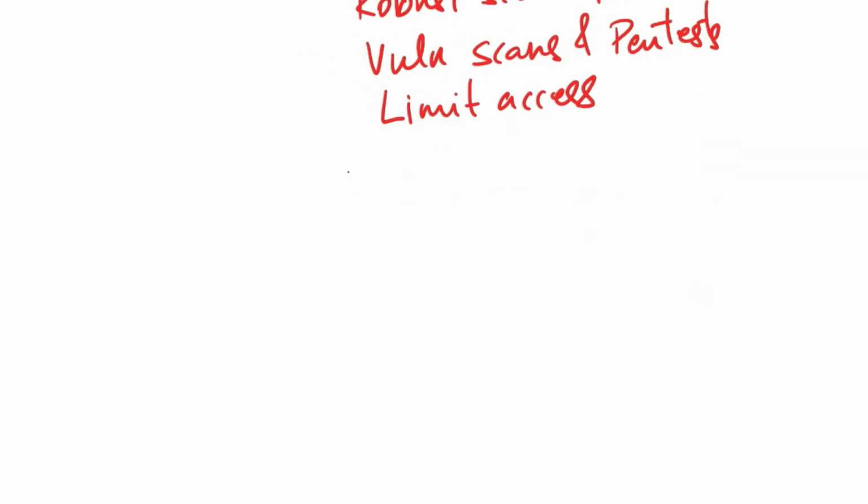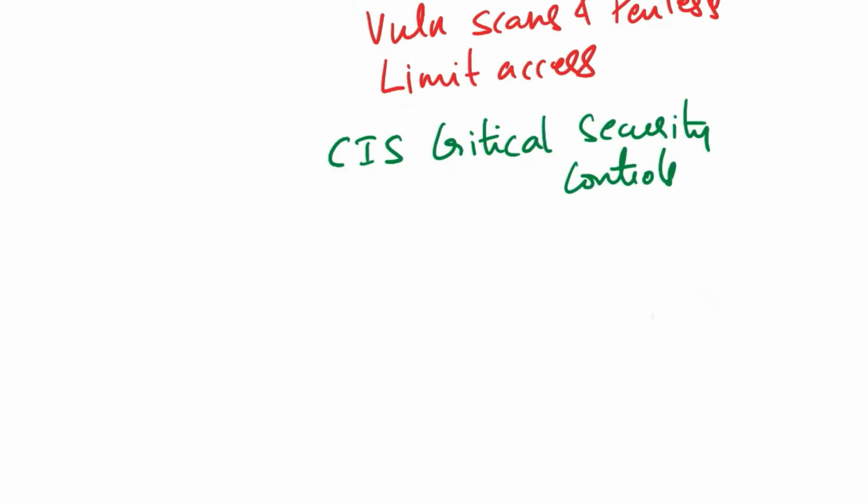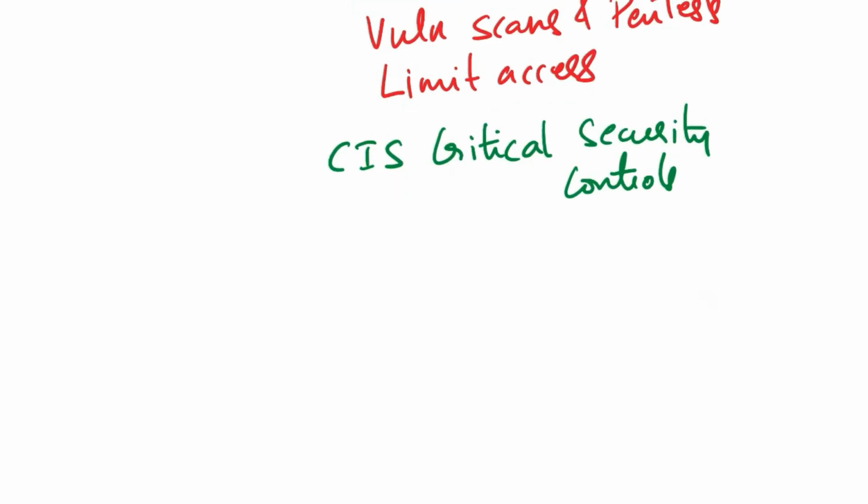Next one is CIS critical security controls, or just CIS controls. The CIS controls were developed by the CIS, Center for Internet Security. The CIS controls provide a prioritized set of cybersecurity best practices. Now, how to maintain compliance with this?